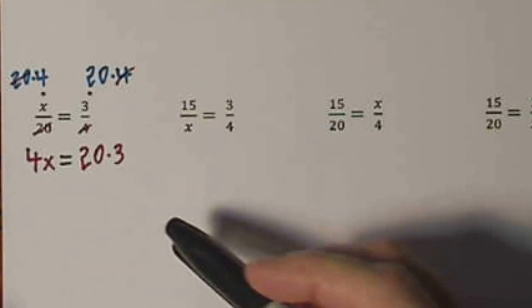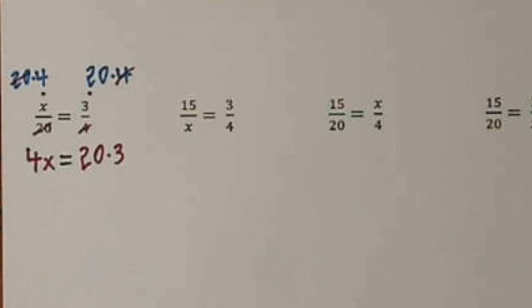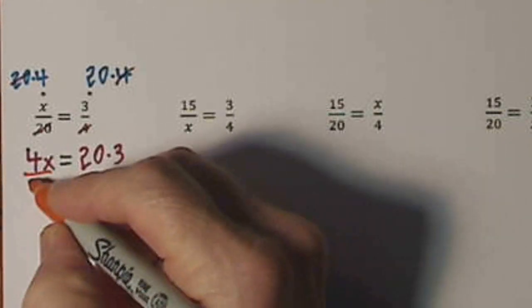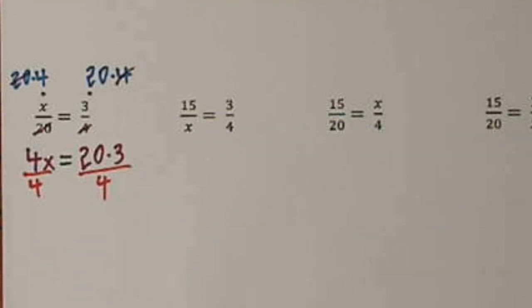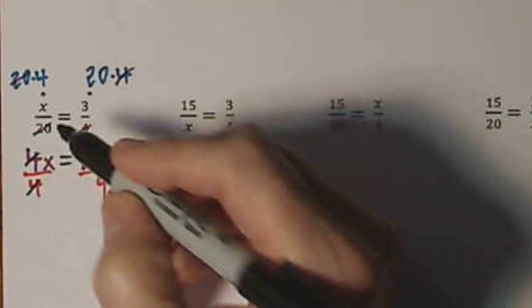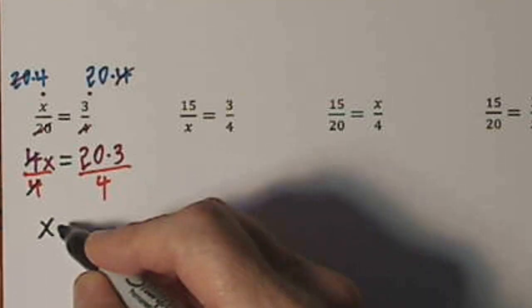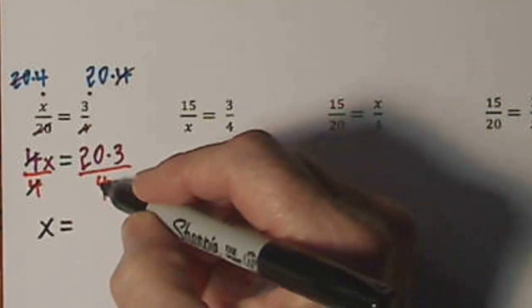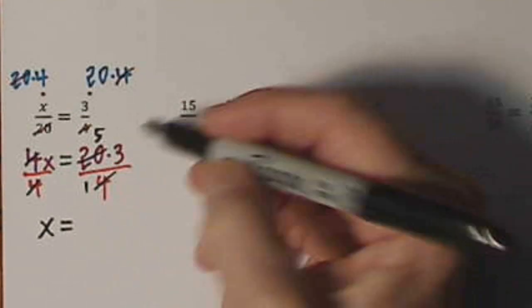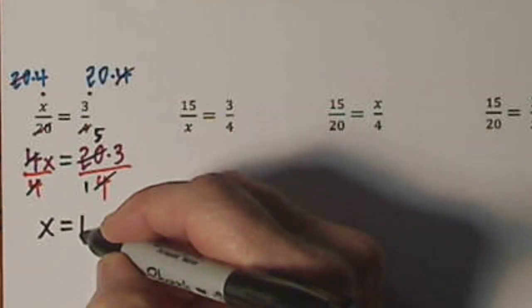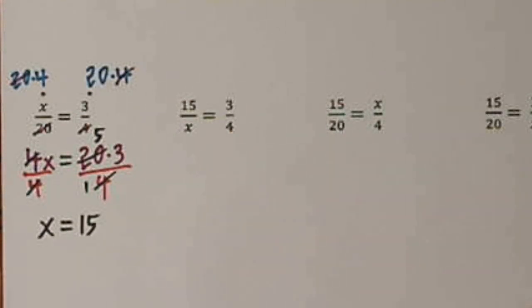I'm just trying to show what in some cases is going to be an easier way to keep up with all the numbers that you're given. Now you want x by itself, so divide by 4, divide by 4. Over here it cleans up very quickly. 4 goes into 4 once. 4 goes into 4 once. 4 goes into 20 5 times. And 5 times 3 is 15.